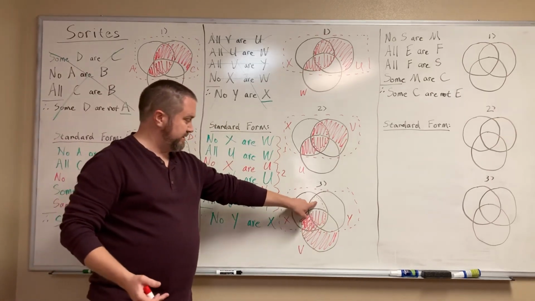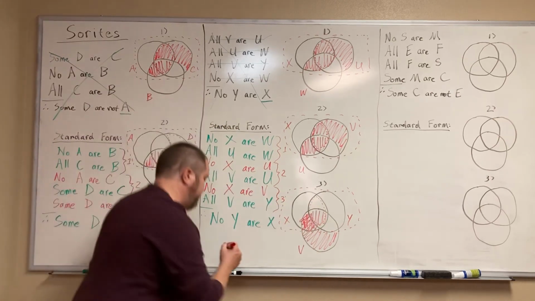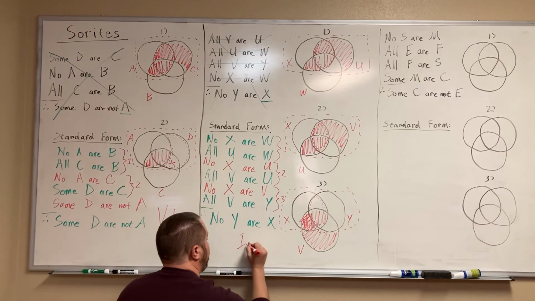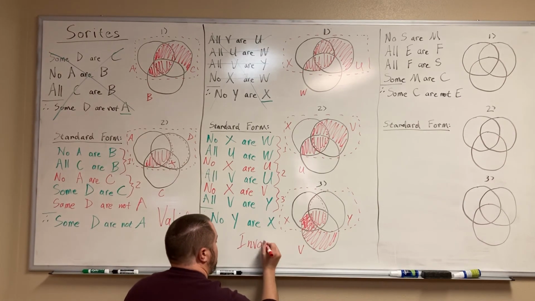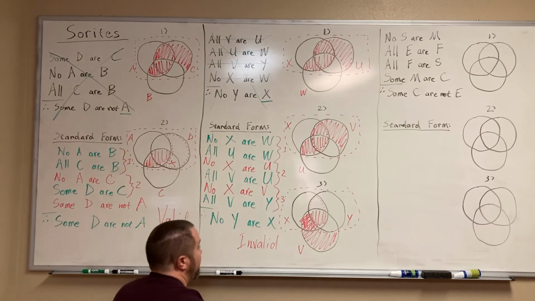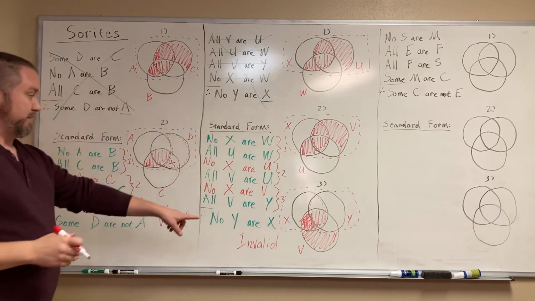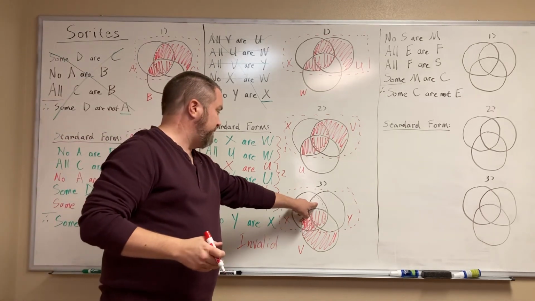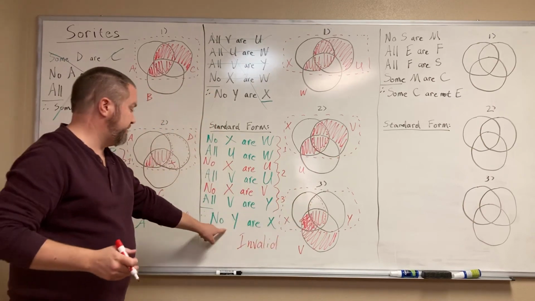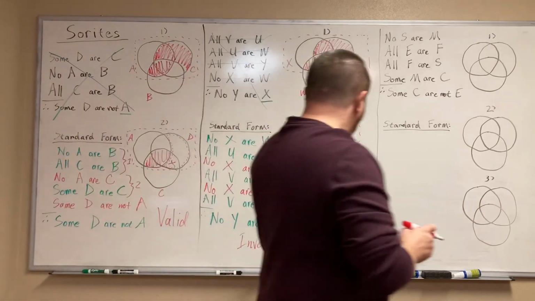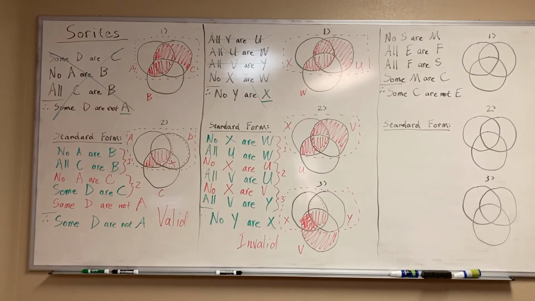But, as you can see, the top part is left unshaded, so it has to be invalid. Remember that with the last Venn diagram of a Sorites, it has to give you all of the information that the conclusion is asking. And if it doesn't give you all of the information, then it's invalid.